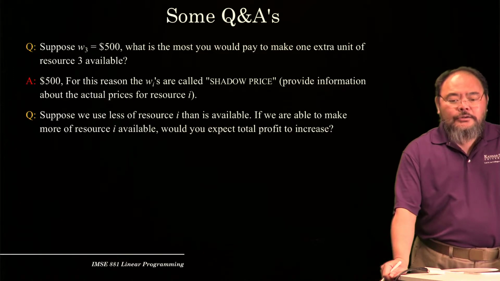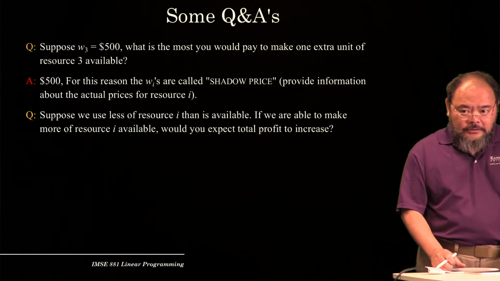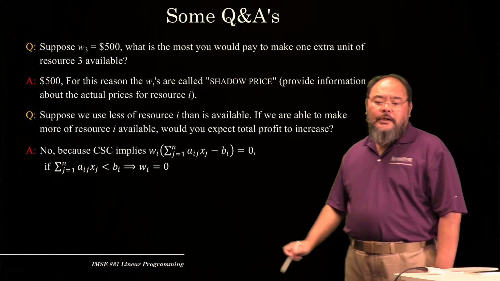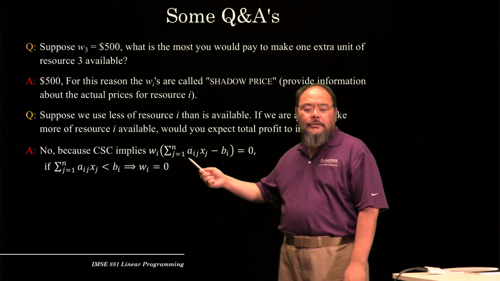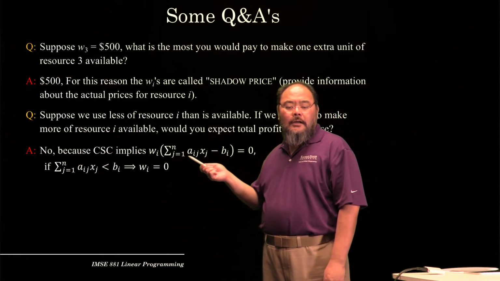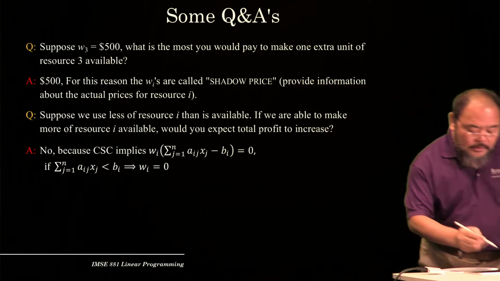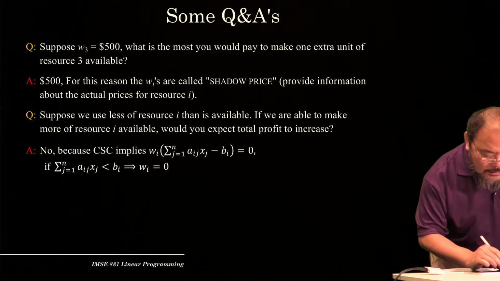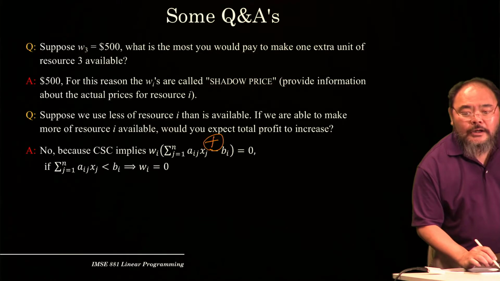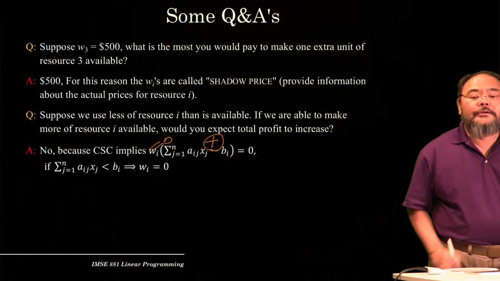Since we are using less than is available right now, of course, based on the complementary slackness condition, if this part of the resource is not used up, this part will be a positive value. In order for this equation to equal 0, omega has to equal 0 in this case.